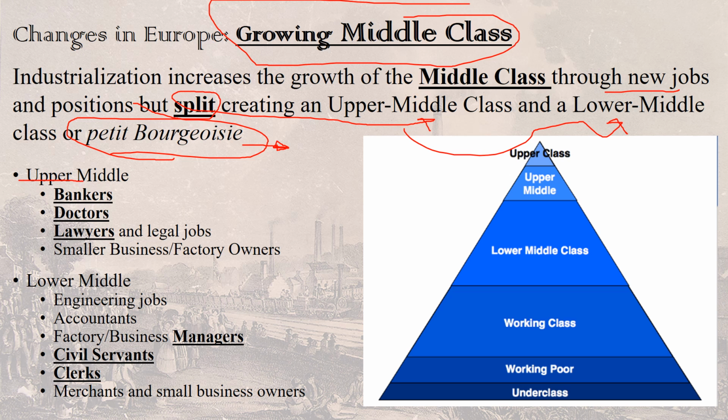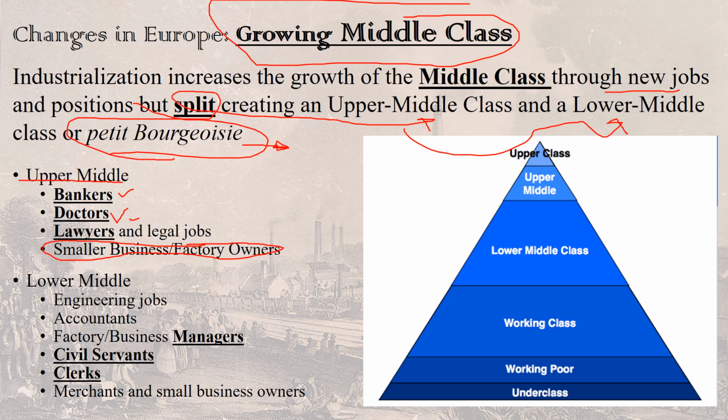You have your upper middle class. They are bankers and investors, low-level investors. They're doctors, lawyers, and the smaller factory and business owners. And they have a decent amount of money, but they're not breaking the bank per se. They might be able to claw their way within a generation or two into the actual upper class as well with smart investments.